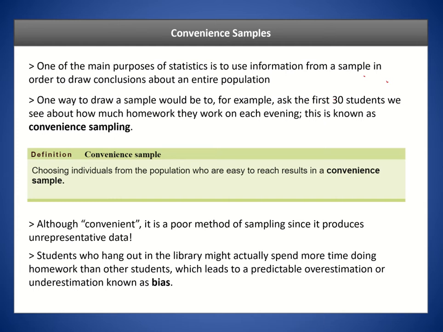You're conveniently choosing a sample and therefore it's biasing your results. So your estimation might be that they on average do an hour of homework, right? Whereas the entire population might not be doing that much, right? So there's a lot of things to consider here.